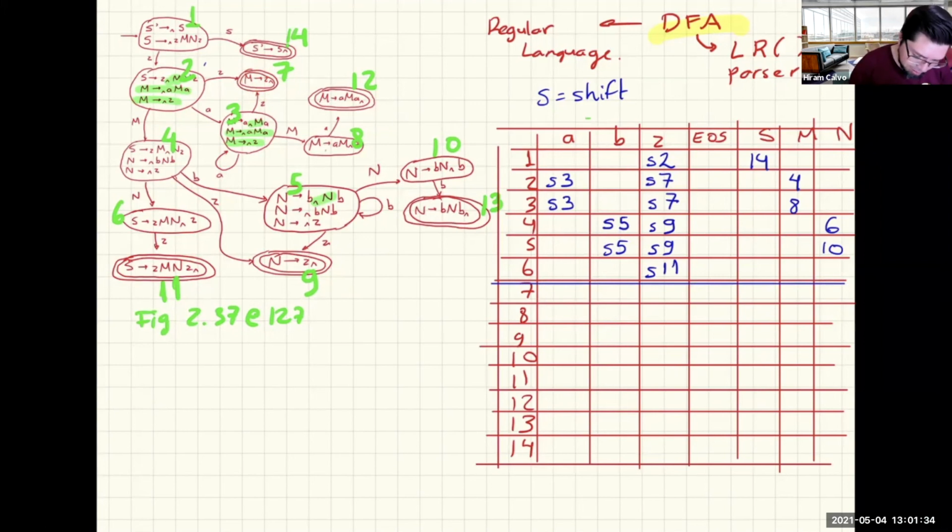But for state number 7, because it's an accept state, for all A, B, or C, for anything coming, we will just do a replacement: M goes to Z.